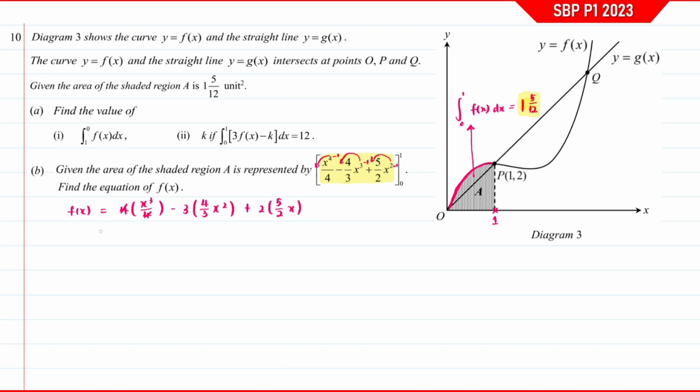Here the 4 can be simplified, so we're left with x cubed minus, simplify the 3, 4x squared, simplify the 2, plus 5x. Then this will be f(x).